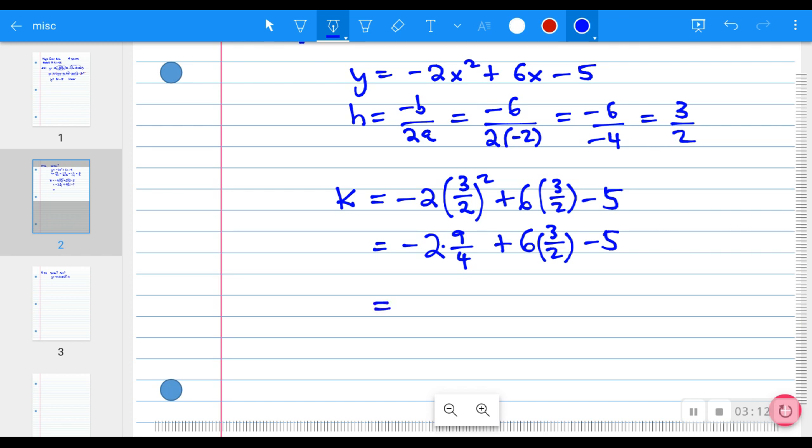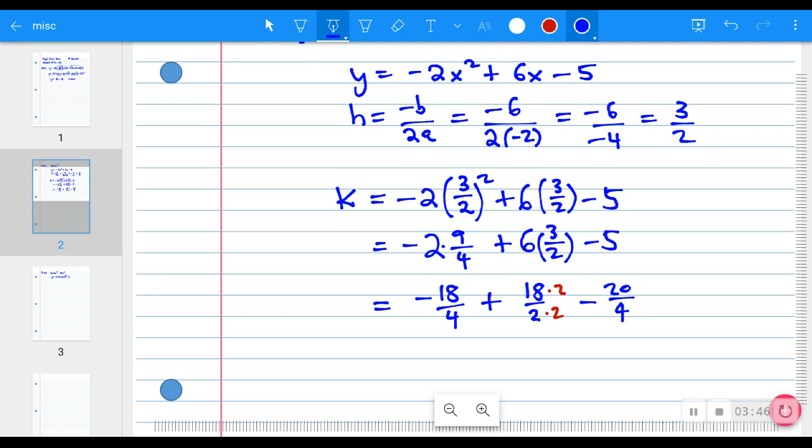And let's see, we get negative 18 over 4, plus 18 over 2. And to get a common denominator, I'm going to double that. And finally, minus 10, actually go with 20 over 4.